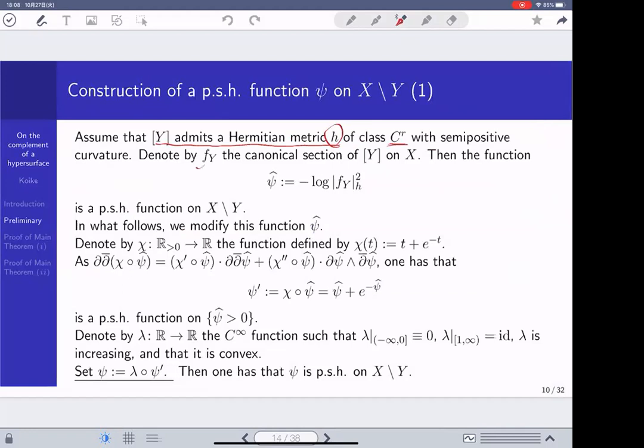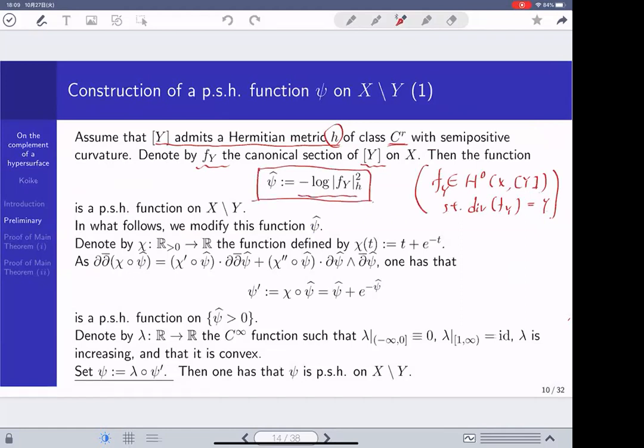Take a canonical section F_Y of the line bundle Y on X. It means that F_Y is a global section of this line bundle such that the zero divisor of F_Y coincides with the divisor Y. Then the function psi hat, defined by minus the logarithm of the norm of F_Y with respect to h, is a pre-subharmonic function on X set minus Y. It can be easily checked.